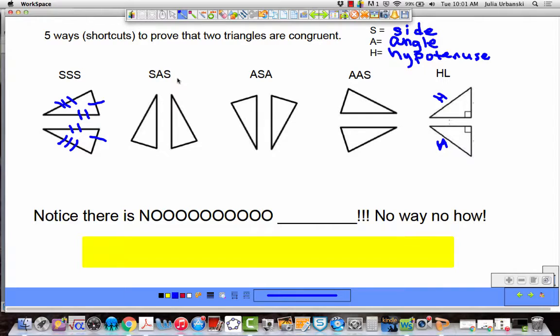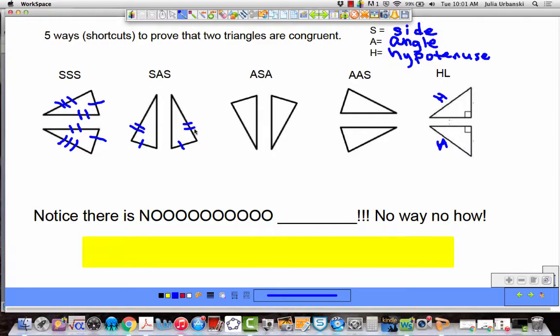Side, angle, side. This is a combination. Where does the angle have to be located in this case? In the middle of two sides, in the middle of the two S's. So mark this side equal to this side. And suppose that you know this side equals that side.